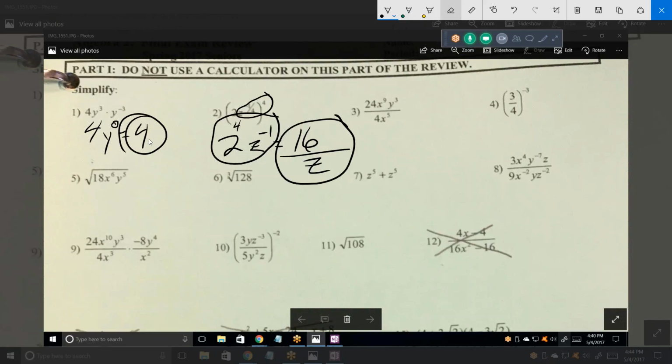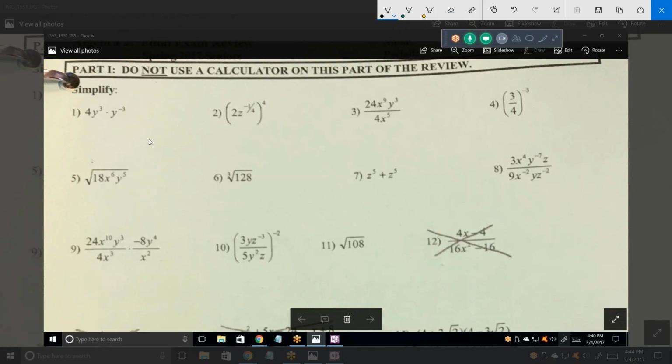Okay? Now, on a problem like number 3, start with the numbers, then do the next variable you run into, x, and then do y. In other words, it's just one at a time. There could be 16 different variables here, and it wouldn't make the problem any tougher.